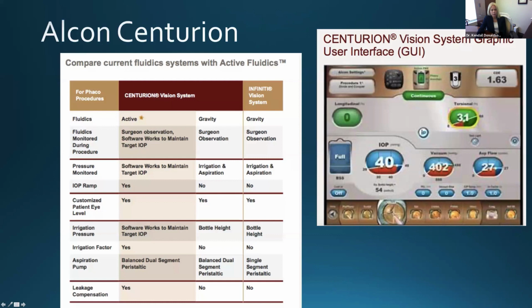So most people set their IOP somewhere between 40 and 65, which is pretty typical. And the pressure will be maintained at that level throughout your case, as opposed to having to elevate the bag to different levels. And the chamber is very, very stable throughout the whole case. So that's really been the biggest advance with the Centurion.